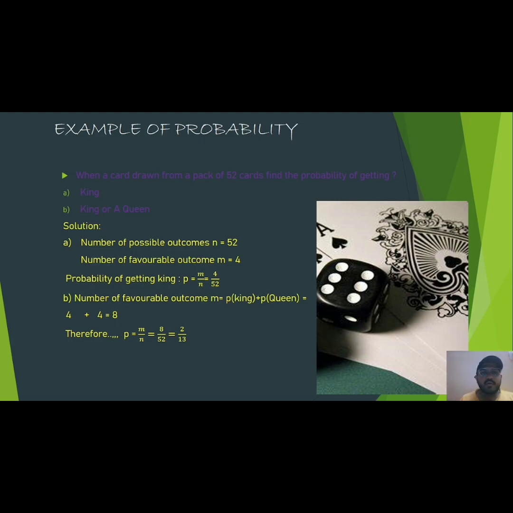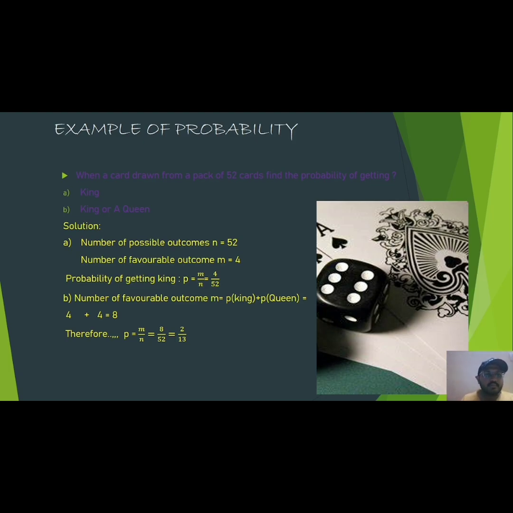The number of favorable outcomes m is 4. The probability of getting a king is p = m/n, where m is 4 and n is 52, so 4/52.